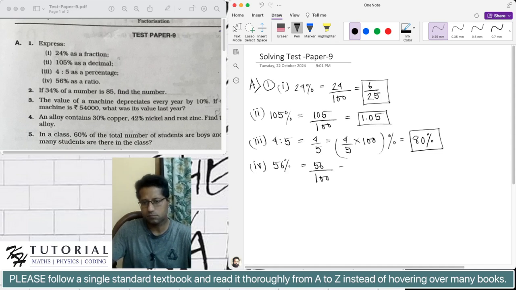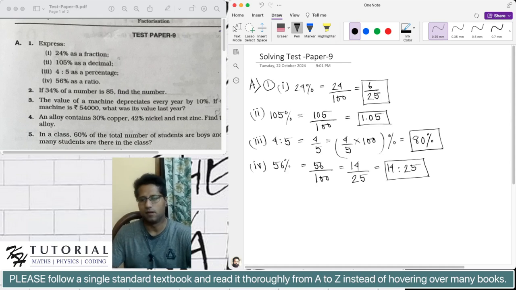And then we reduce the fraction to its simplest form, and so it will be 14 by 25. And we know how we express a fraction as a ratio. So this will be equal to 14 is to 25. So 14 is to 25 is the ratio when 56% is expressed as a ratio.